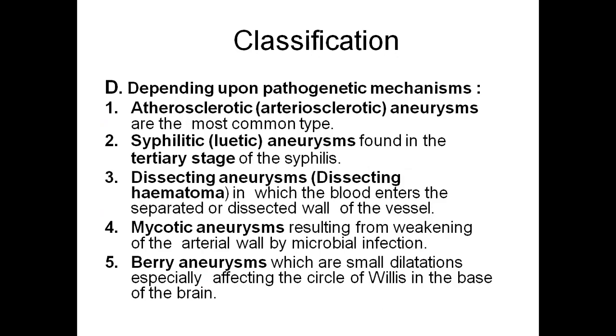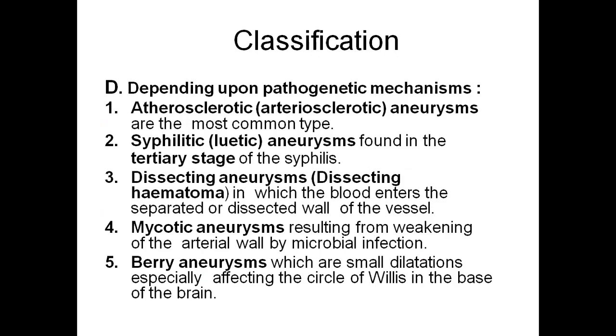The atherosclerotic aneurysm, we can understand that atherosclerosis was the basic mechanism involved. Syphilitic, it's a tertiary stage of syphilis, may manifest itself as aneurysm. Dissecting aneurysm, in which the blood enters the separated or the dissected wall of the vessel.